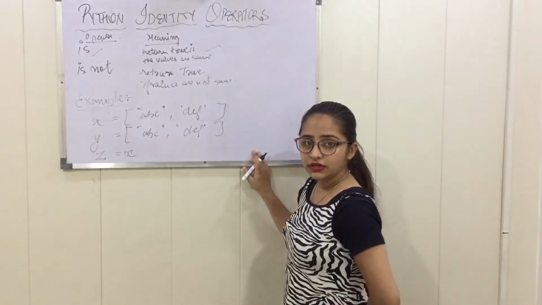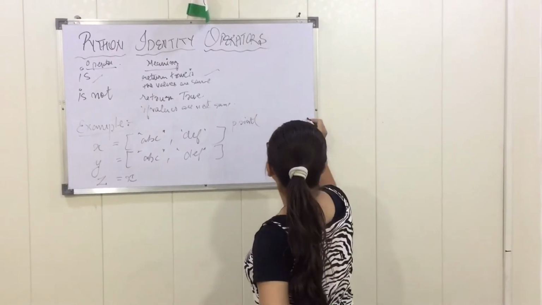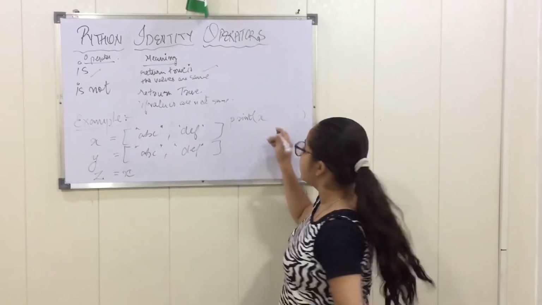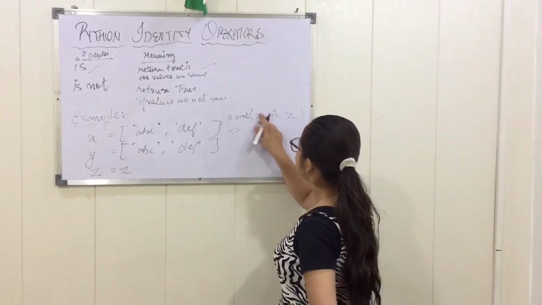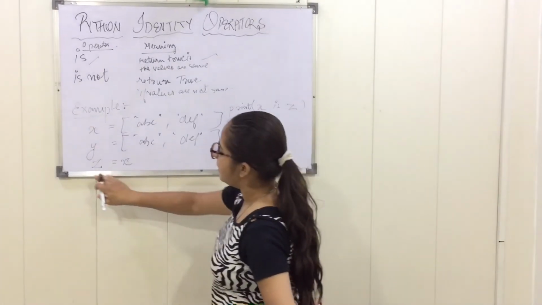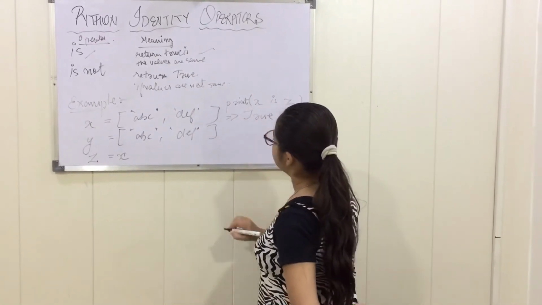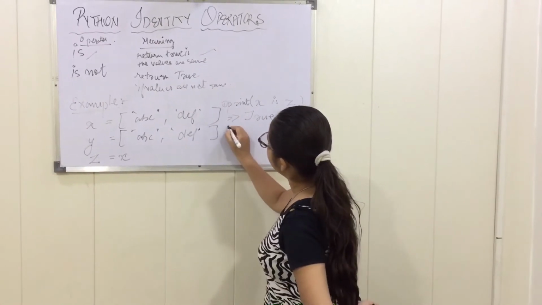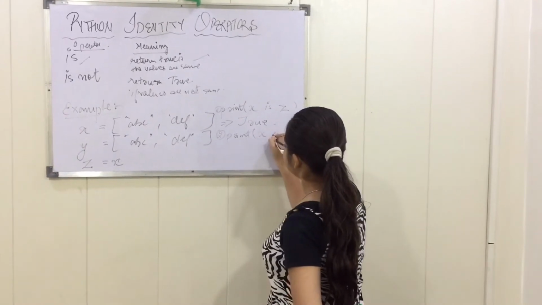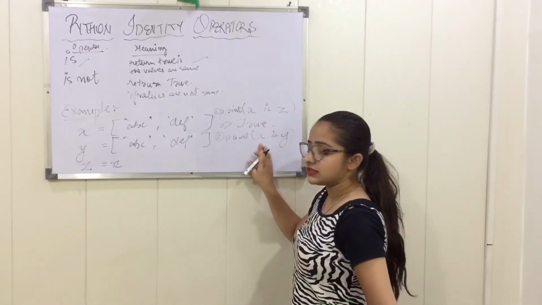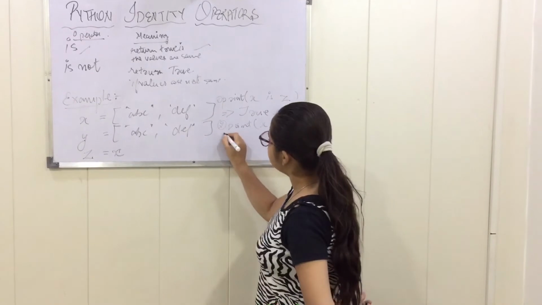So I have taken three variables here, X, Y and Z. Now we will use the print function to display the output. First, if my X is Z, then the output is true, because they are the same. Second, I am asking print if X is Y. The memory locations are different, so this is not the same, so the answer is false.